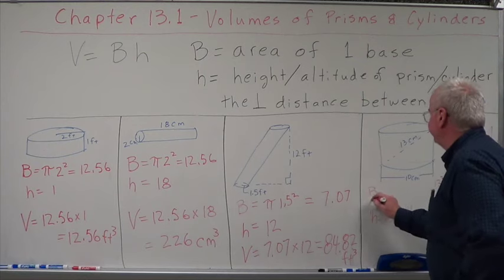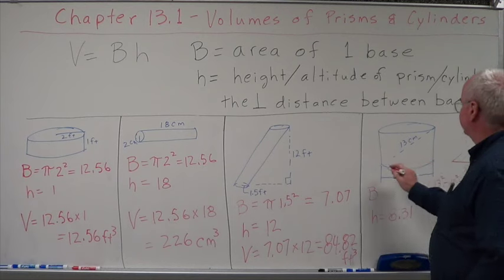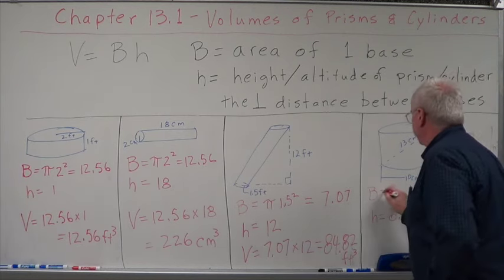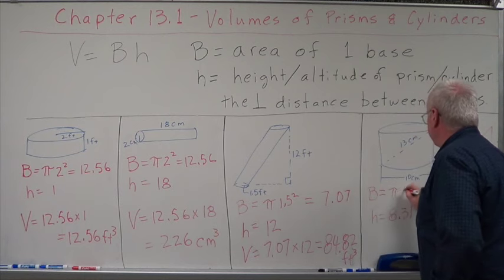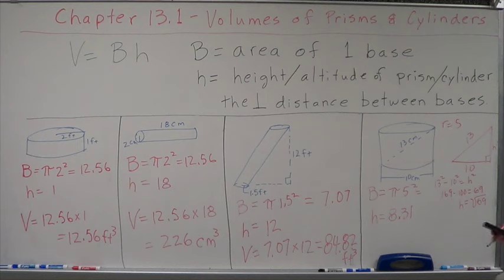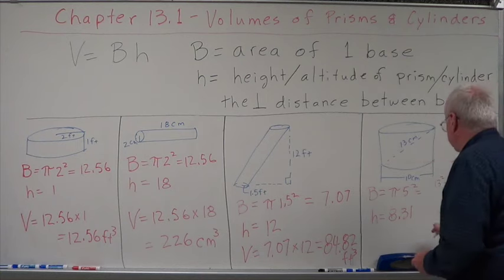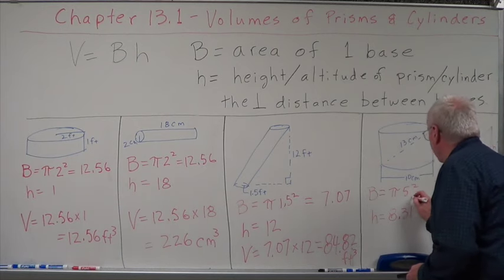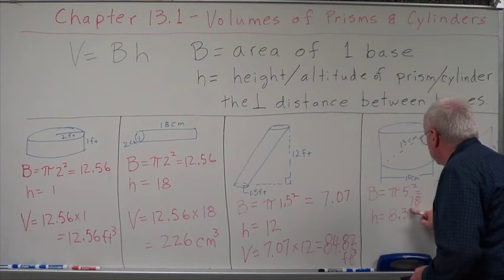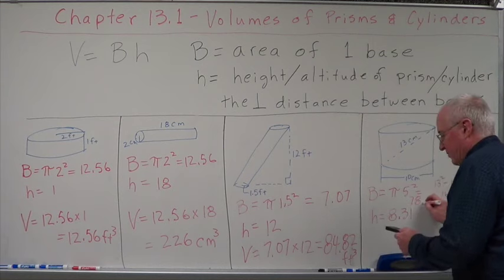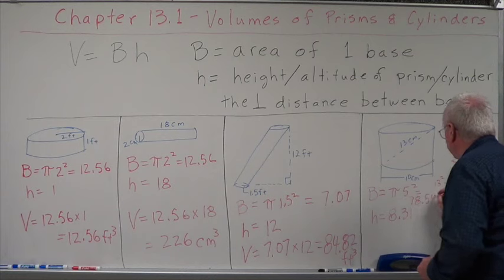What's our b? Well, what's our radius? Our radius equals 5, so our b equals pi times 5 squared equals, so pi times 25 equals 78.54.